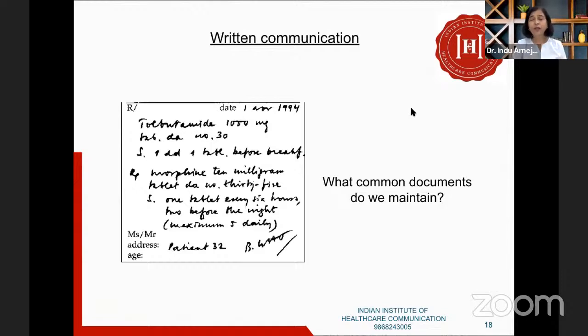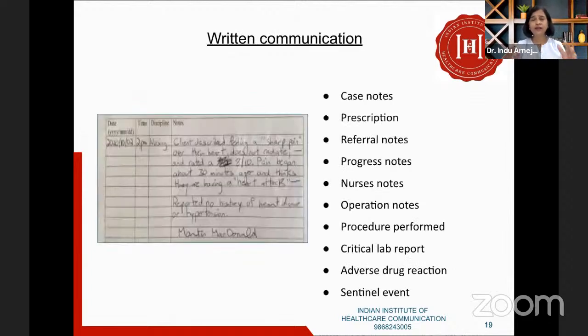Plus medicines, now they say you have to write in capitals so that there is no error, because most medication errors are prescription errors. So it's very important to make sure that the prescription is written properly.